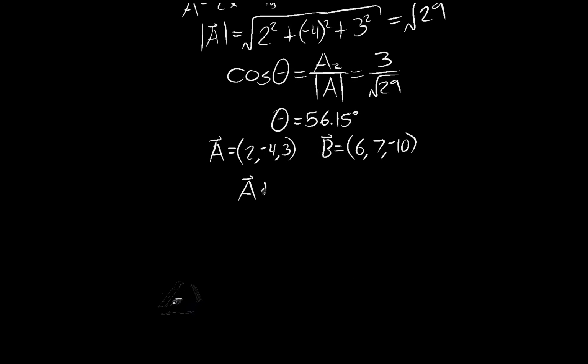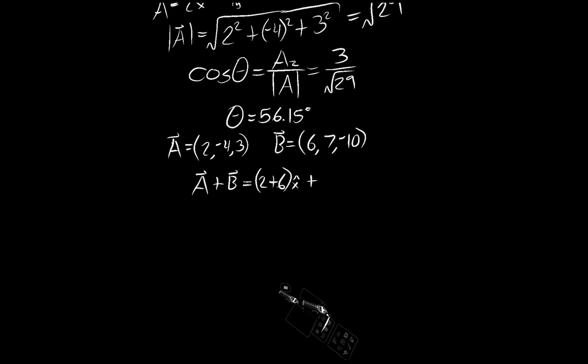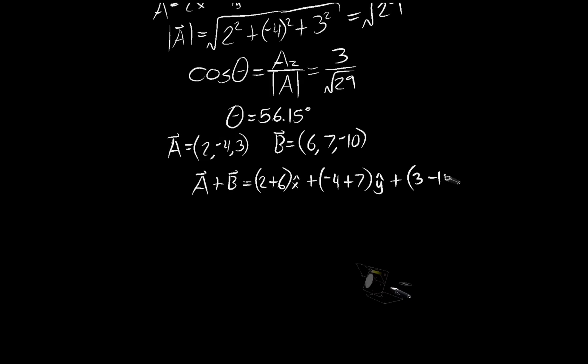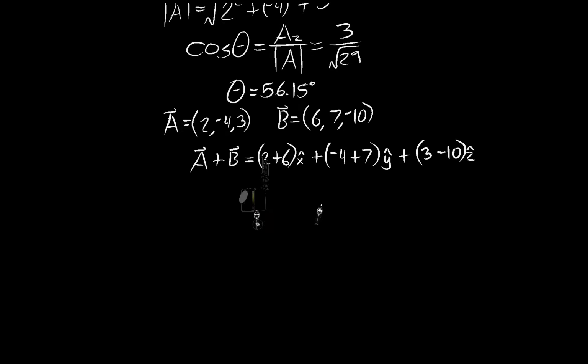A plus B would be 2 plus 6 x hat plus negative 4 plus 7 y hat plus 3 minus 10 z hat. And so that would be the vector 8, 3, negative 7.